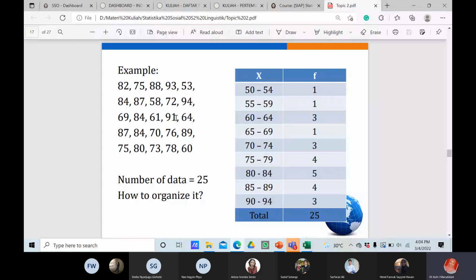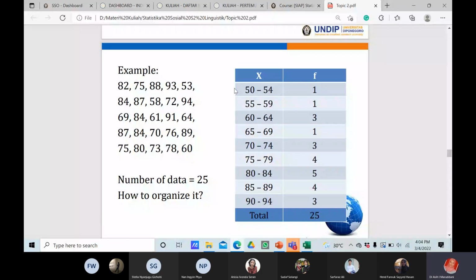The scores that lay at interval 50 to 54 are just 1. You can see that just 3, and there are no other students who got scores in the interval 60 to 64. Then we write down here the number 1 in these cells.